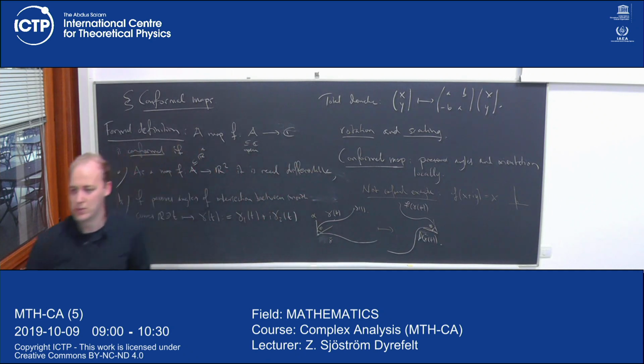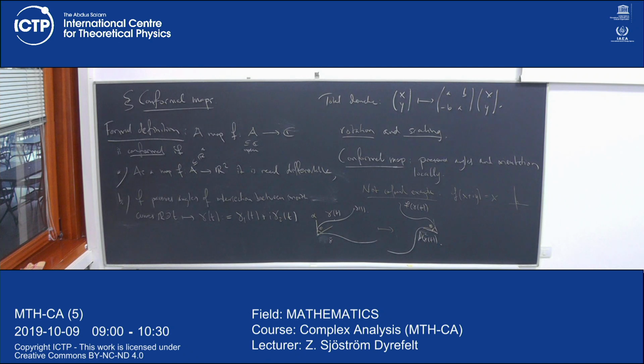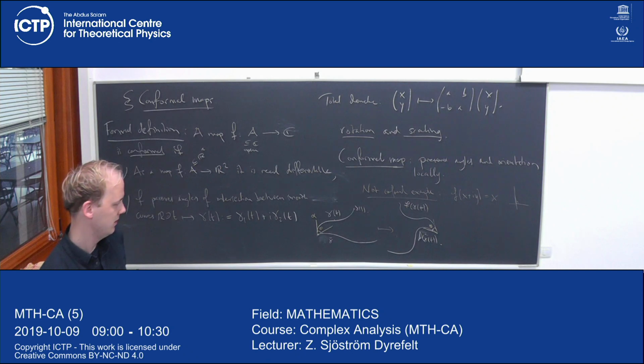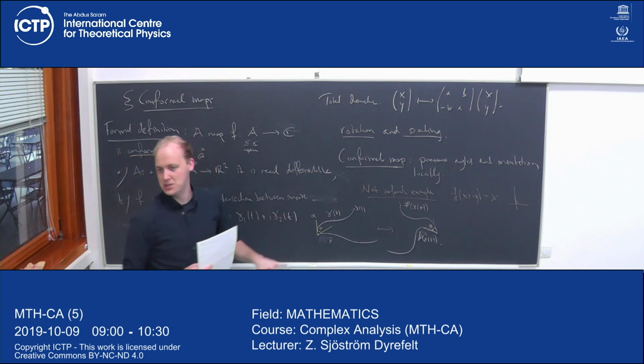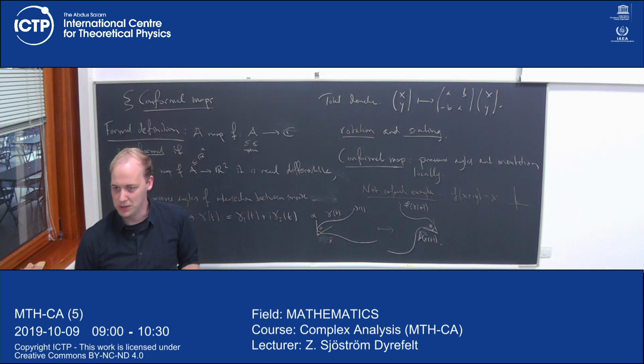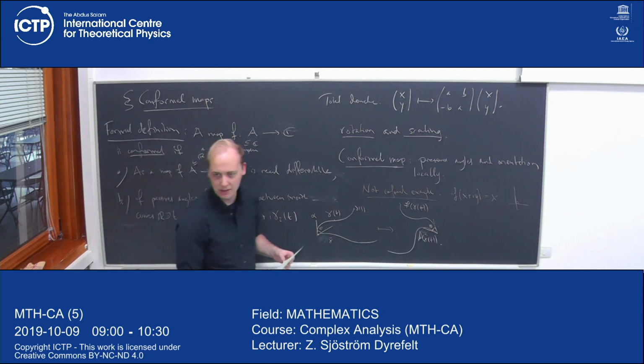Yes, question? Should we take the angle between f of gamma and f of gamma tilde clockwise or counterclockwise as it is in the domain? Yeah, so I will come to this. Orientation is important, as you say. So it's important that the angle is taken in the same way. So for example, here it is different.